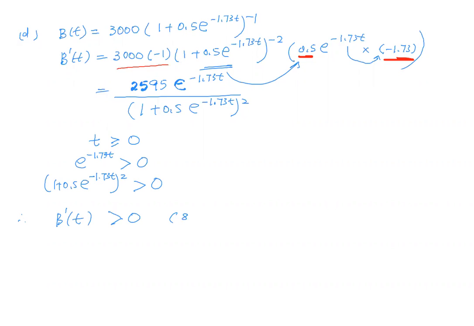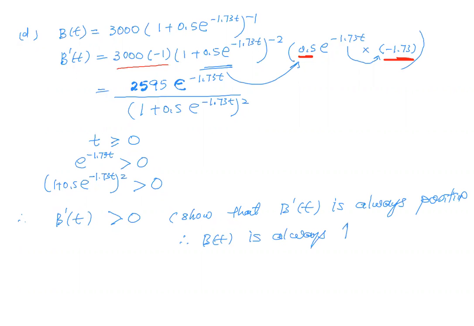So this shows that B prime t is always positive. All right, so therefore BT is always increasing. Okay, are you clear? So sketch the graph of BT.